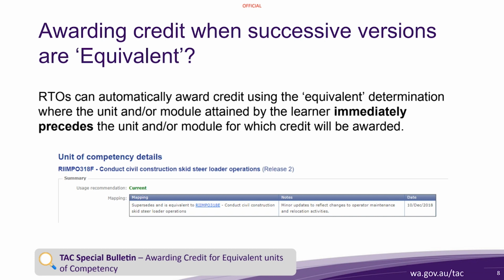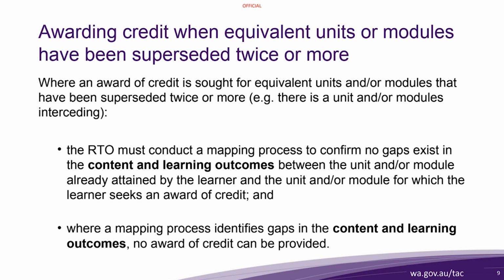That's an important distinction, because what we're saying is the unit tells you what can be used for credit. It's written there, it's in the mapping. Of course, if it says that it's not equivalent, then you can't use it as credit. Only if it says it is equivalent can credit be given.